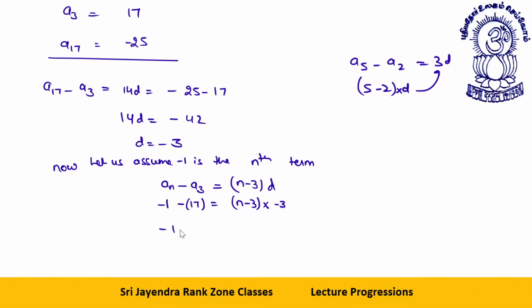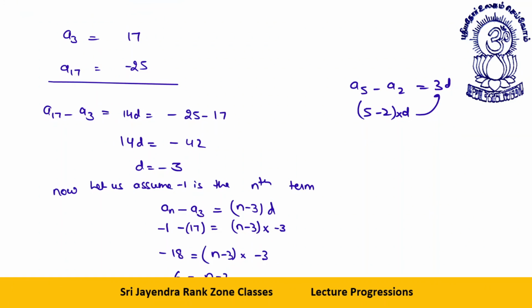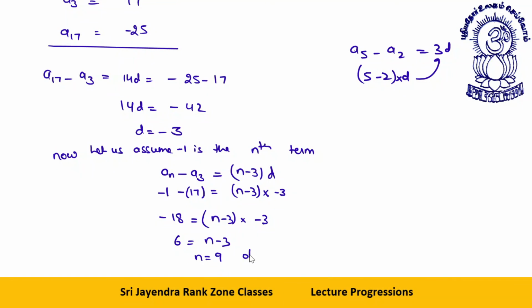So this gives you minus 18 is equal to (n minus 3) into minus 3, or 6 is equal to n minus 3, n is equal to 9. Do we have any such option? C. Option number C is the answer.